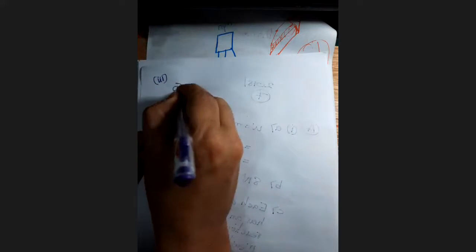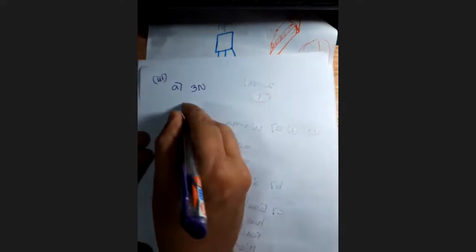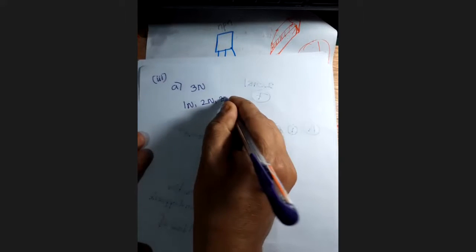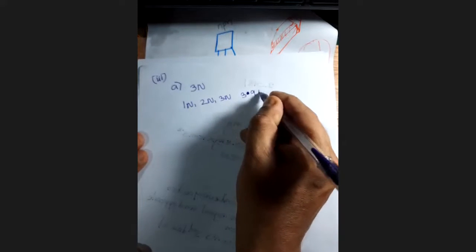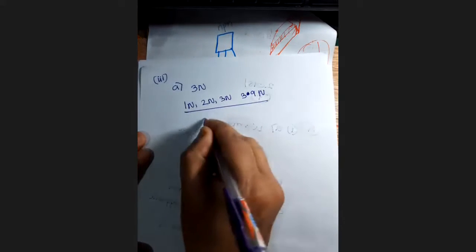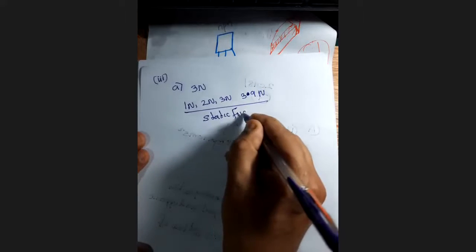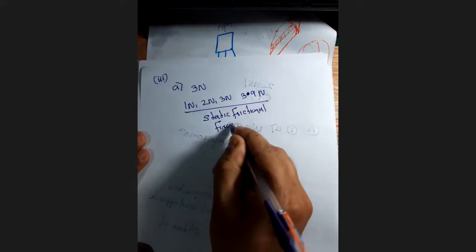Question number A. By what name is the frictional force 3 Newton applied? Not only 3 Newton, 1 Newton, 2 Newton, 3 Newton, 3.9 Newton, all are static frictional forces.